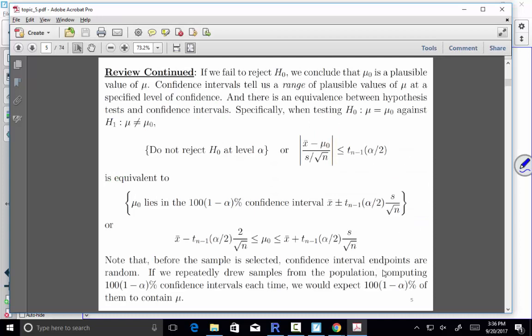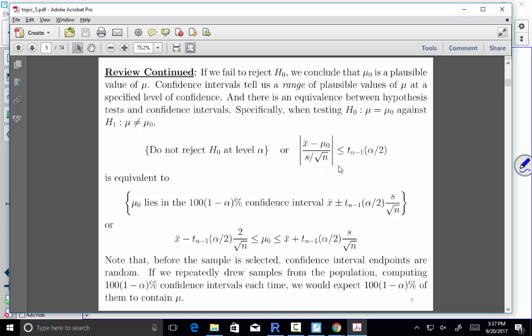So the purpose of this slide is to say a couple of things. In the univariate case, in order to test and do inference on a single mean, we can either do a hypothesis test, or equivalently, we can construct a confidence interval. If I do a hypothesis test, I'm going to reject the null hypothesis if my statistic is far enough out that there's less than alpha probability over there.